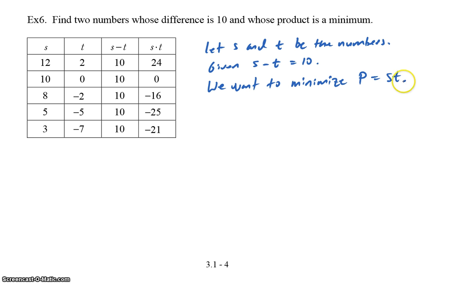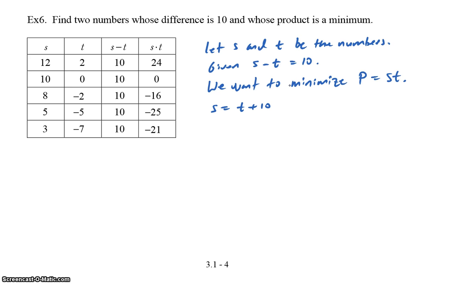Now, what we have currently is a function of two variables. I'd like to write that as a function of one variable. So if S minus T equals 10, it follows that S is T plus 10. That is, if we add T to both sides in the equation S minus T equals 10, then we get S equals T plus 10.